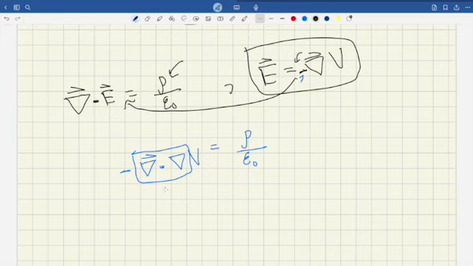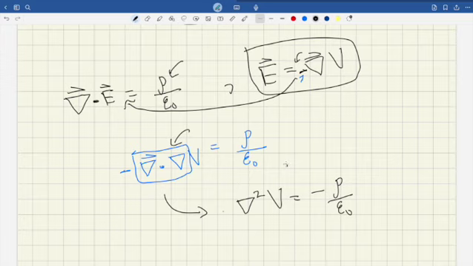This can be written in another way. This is just a short form of writing this. Instead of writing nabla dotted with another gradient, we simply write nabla squared of a scalar field. We put the minus sign on the other side, equals minus rho over epsilon naught.